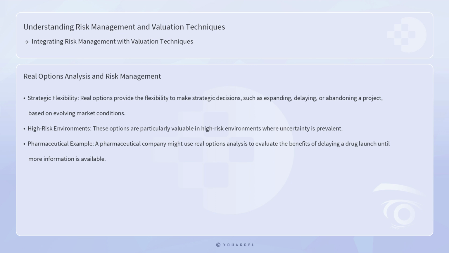By applying risk management principles, firms can better assess the value of real options and make informed strategic choices. For example, a pharmaceutical company facing regulatory uncertainties might use real options analysis to evaluate the potential benefits of delaying a drug launch until more information is available. This approach allows the firm to mitigate risk and capitalize on favorable developments, ultimately enhancing its valuation.